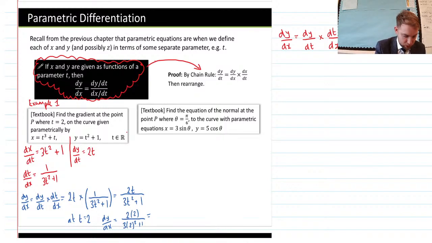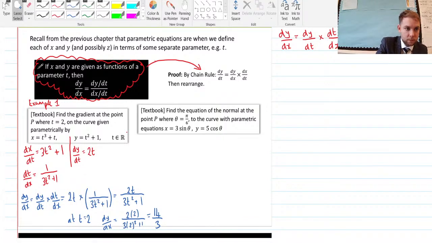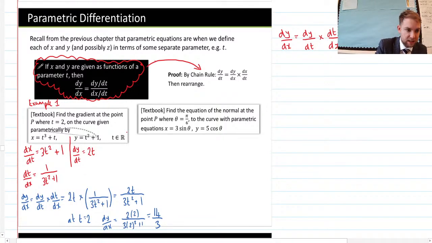Fraction button, 2 times 2 all over 3 times 2 all squared plus 1 is equal to 14 over 3. Like so. Well, I'll give you a second to get that down.